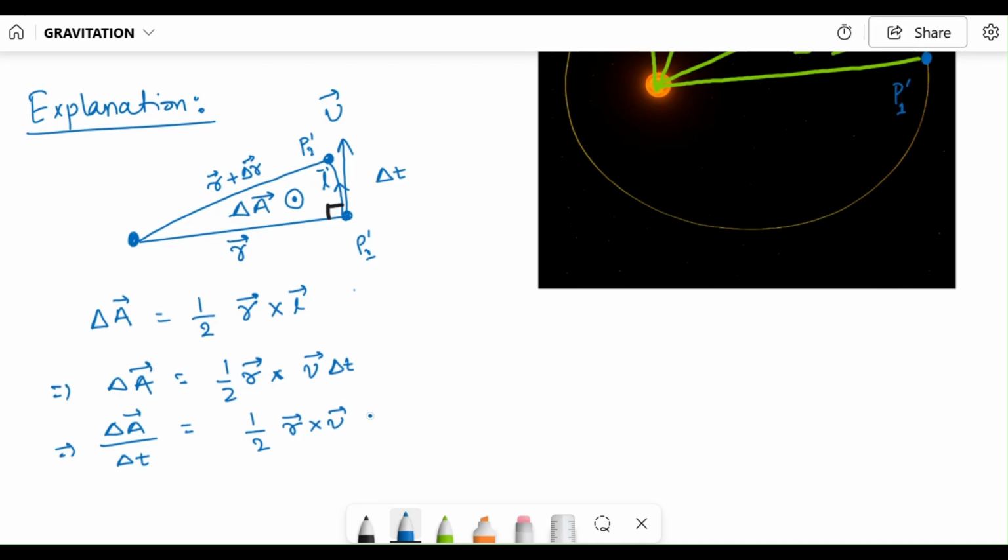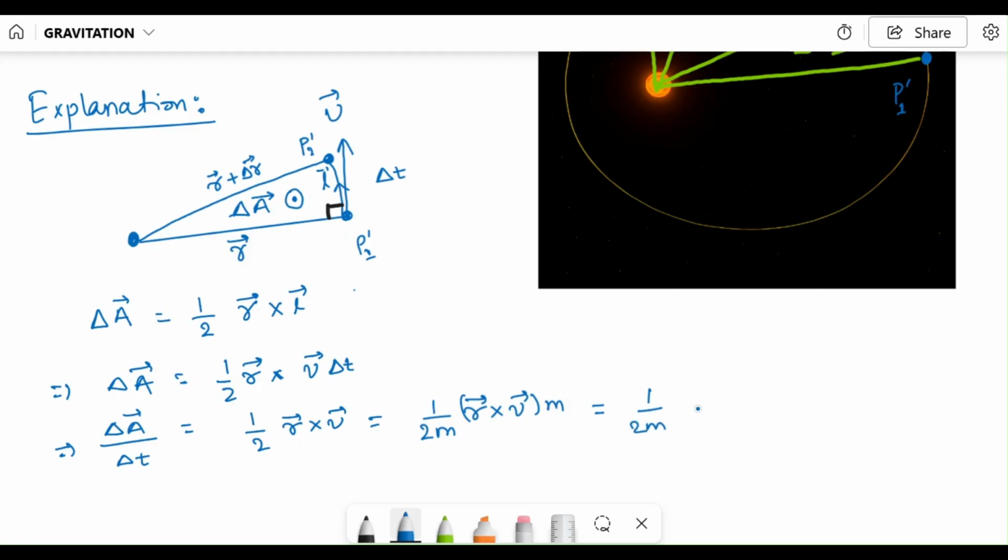Now, continuing this part, 1 by 2, if I am doing multiplication in denominator as well as in numerator here, so it will be R cross V into M, and M is a scalar quantity, so no need to worry about its position where I am placing.